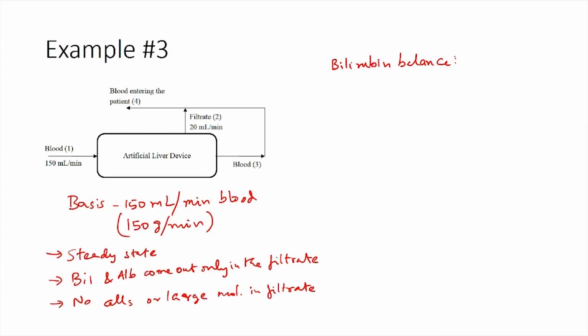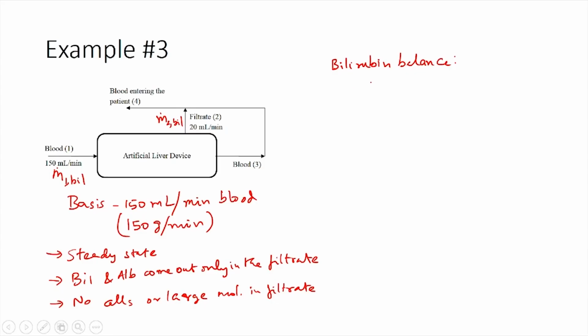The bilirubin balance would be mass of bilirubin entering through the bloodstream 1, which we can call M1 bilirubin, and mass of bilirubin which is leaving the system would be only through the filtrate based on our assumption. So, we will have this as M2 bilirubin, and in addition to this bilirubin is being consumed in the system when this liquid is being exposed to the hepatocytes.